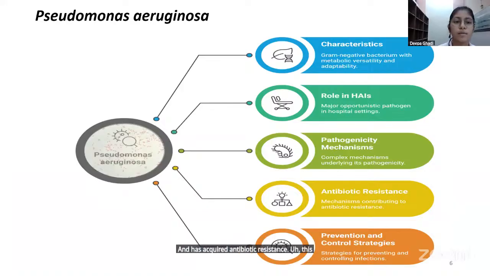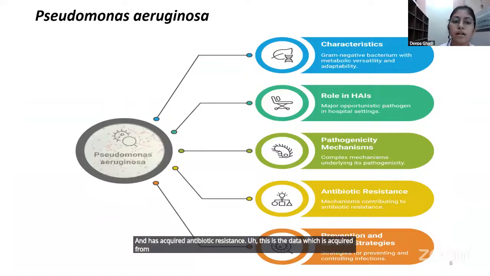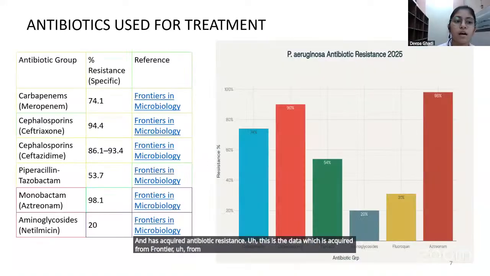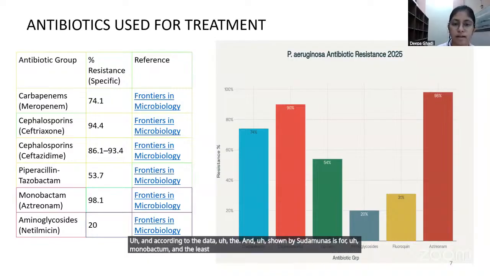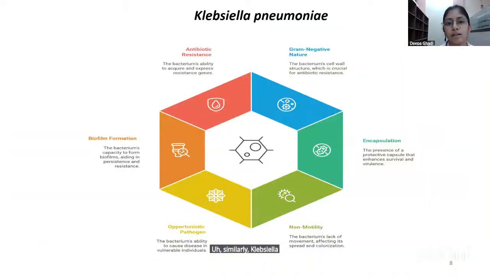This is the data which is acquired from Frontiers reference papers, and according to the data, the maximum prevalence shown by Pseudomonas is for monobactam, and the least is for aminoglycosides. Similarly, Klebsiella is a gram-negative organism. It has biofilm forming capacity and has antibiotic resistance because of antibiotic gene expression.